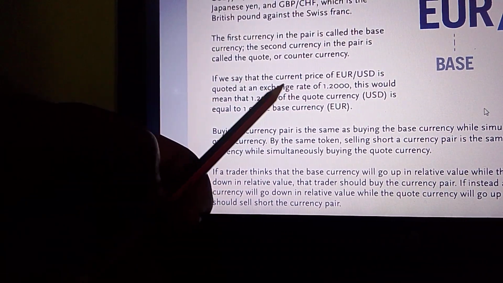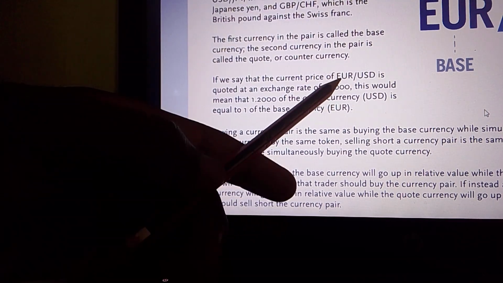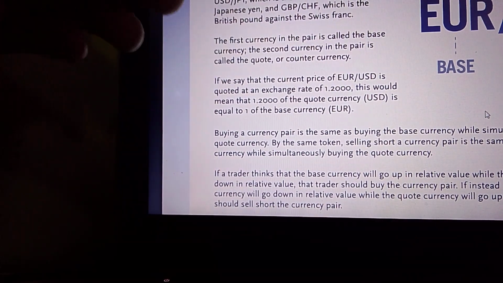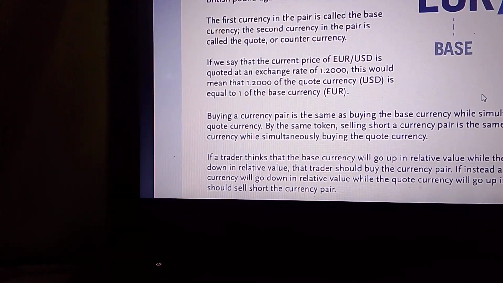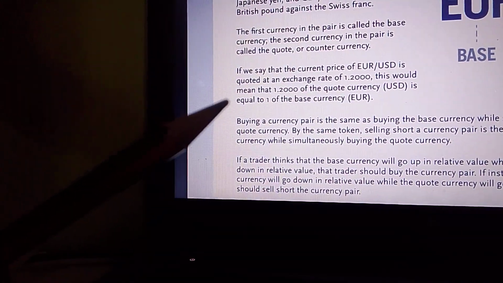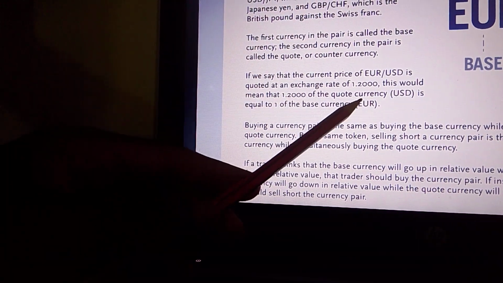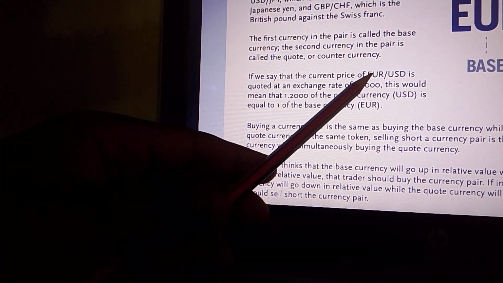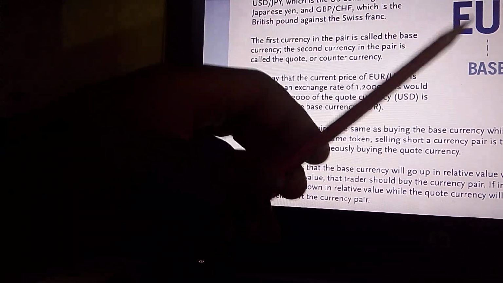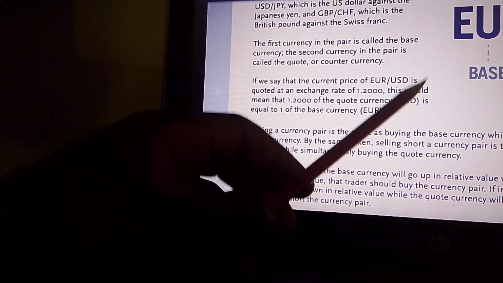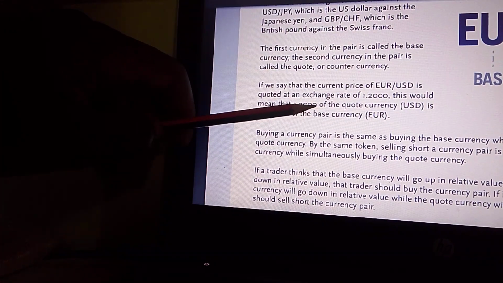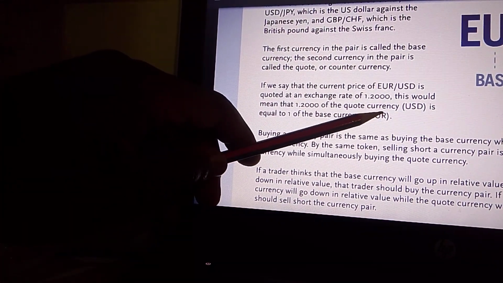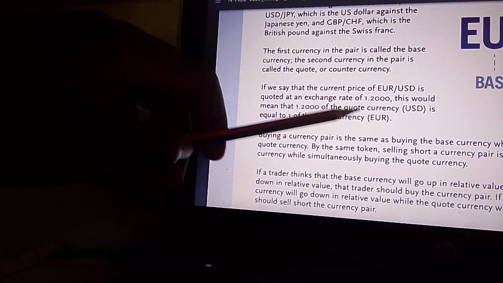So this is the base, which means the base is where we start our scale from. If it's quoted at 1.2, it means that 1 euro is quoted at 1.2 US dollars. This would mean that 1.2 of the quote currency is equal to 1 of the base currency.